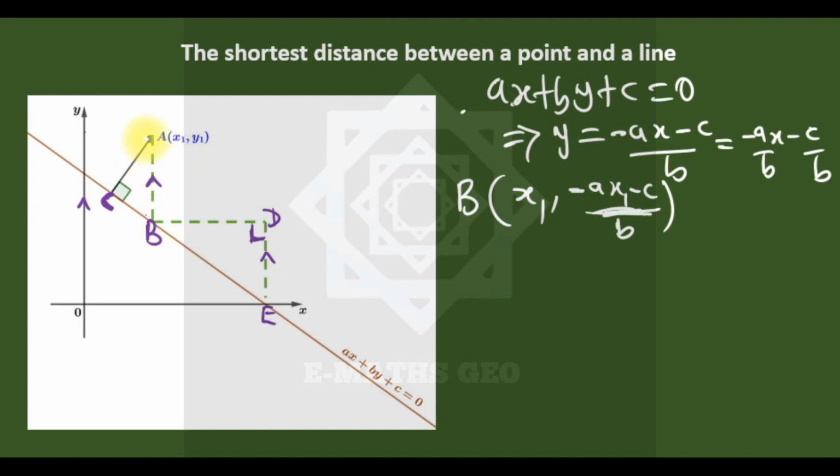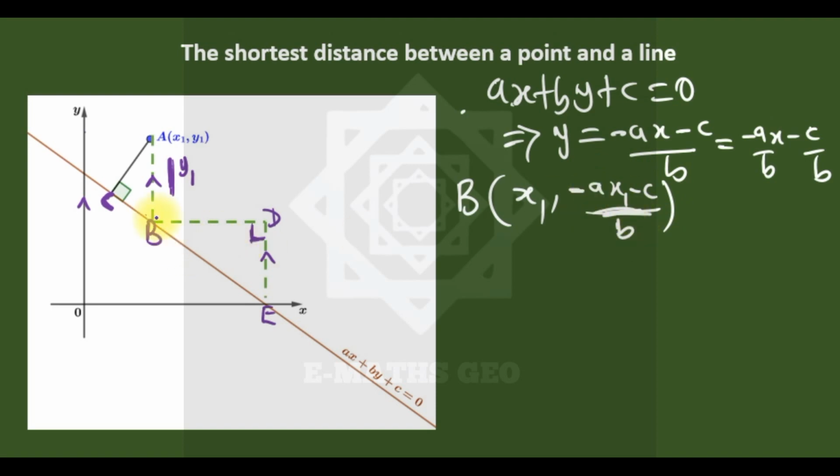So we see that AB is just the difference between the y coordinates, so from here to here is y1. Remember, it is distance. Distance is always positive, so absolute value of y1 minus this.